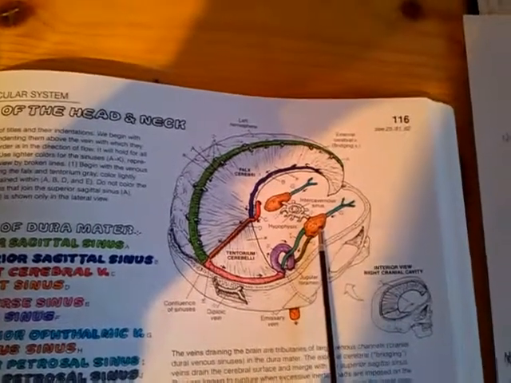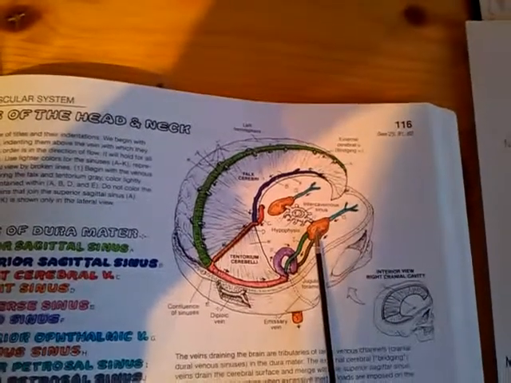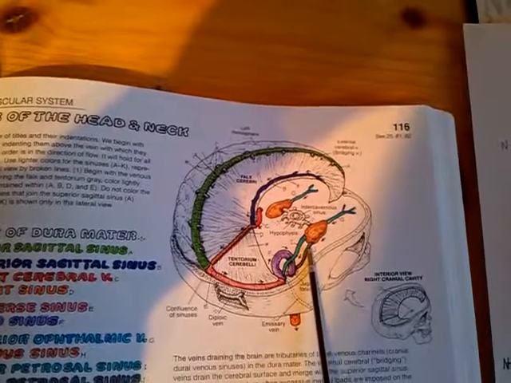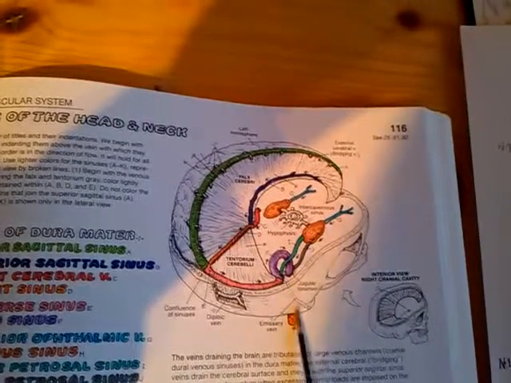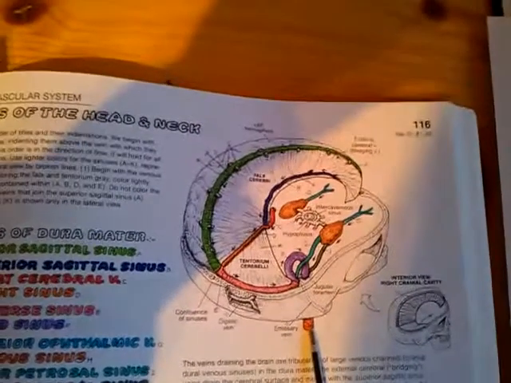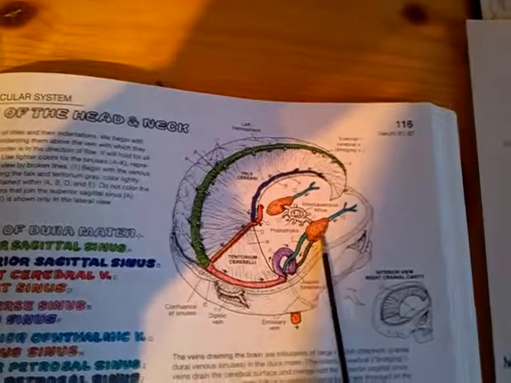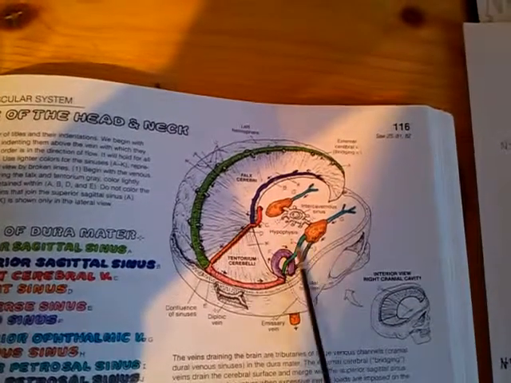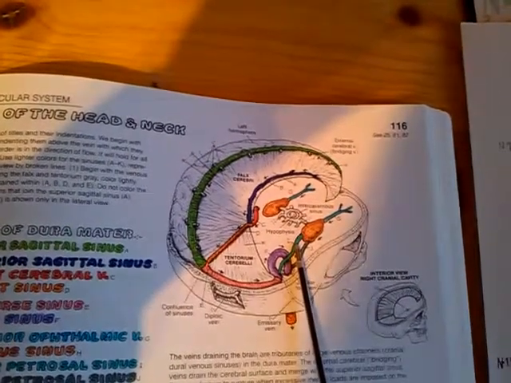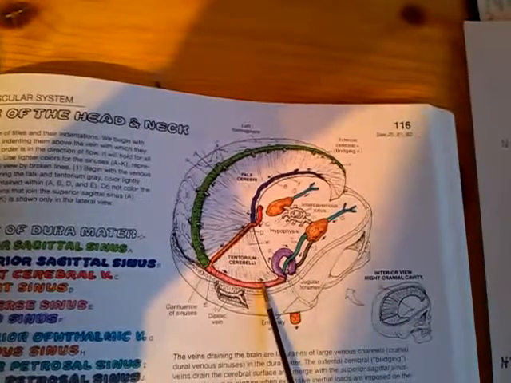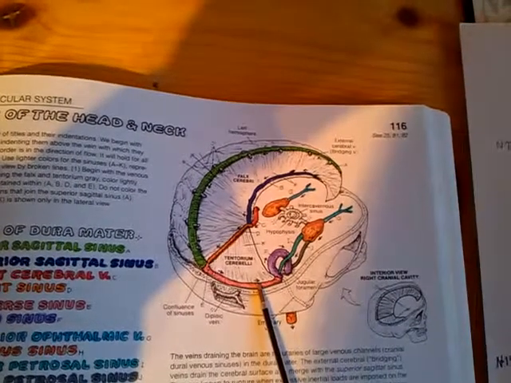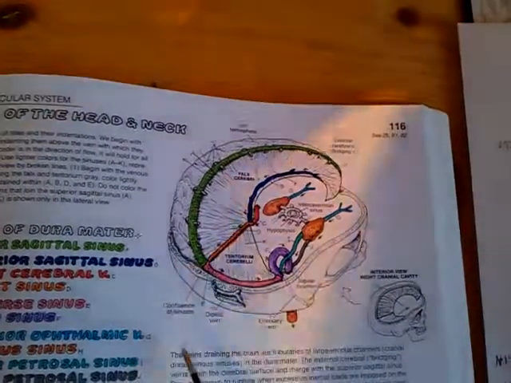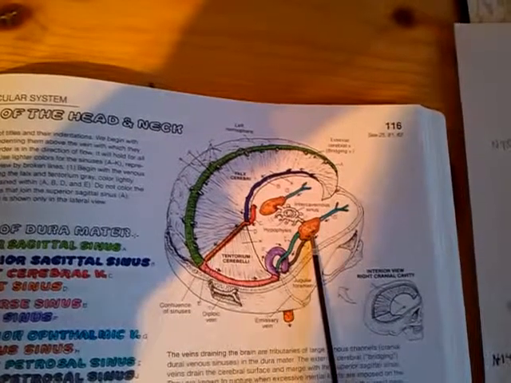The cavernous sinus opens into the inferior petrosal sinus, which terminates in the internal jugular vein. The cavernous sinus also opens into the superior petrosal sinus, which terminates into the transverse sinus. And you have a sphenoid sinus that opens into the cavernous sinus.